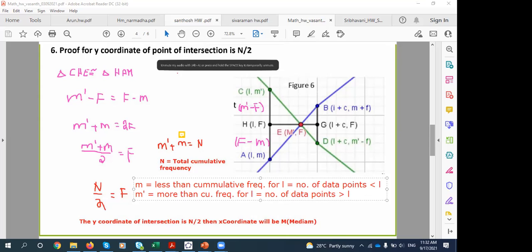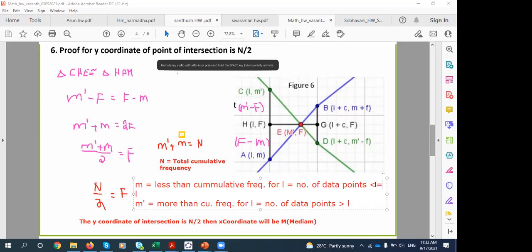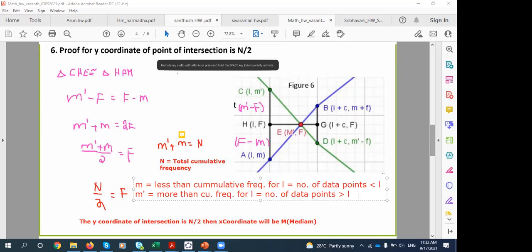greater than L. Now, depending on how the class intervals are defined, either there will be an equality here, meaning less than or equal to, or there will be an equality here, meaning greater than or equal to. That varies from case to case, but the equality will be there somewhere.